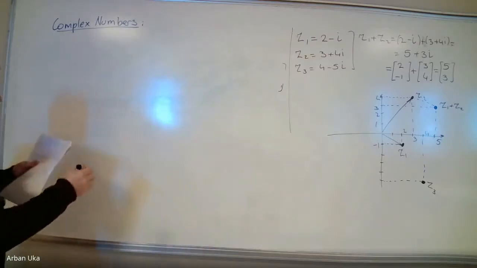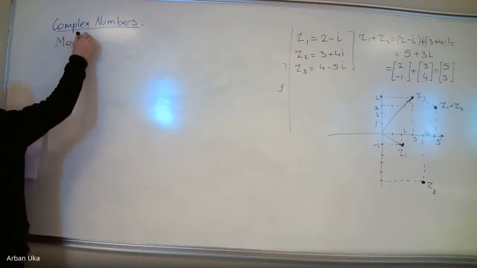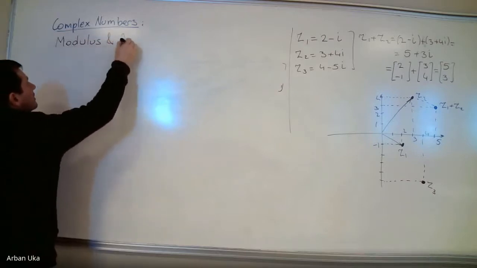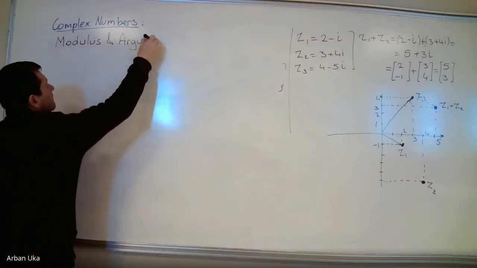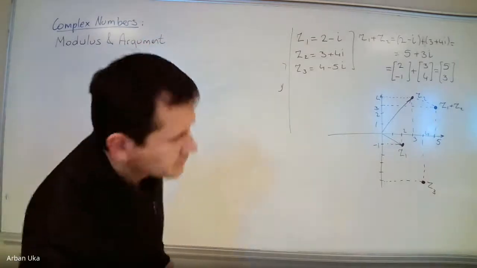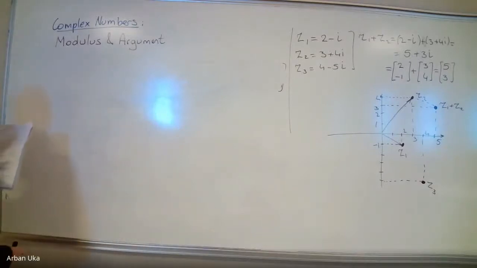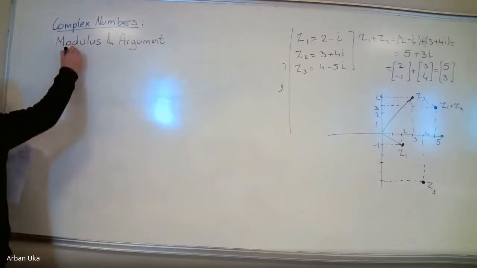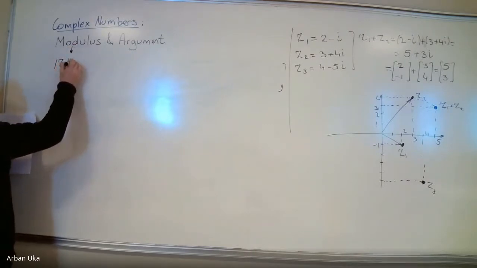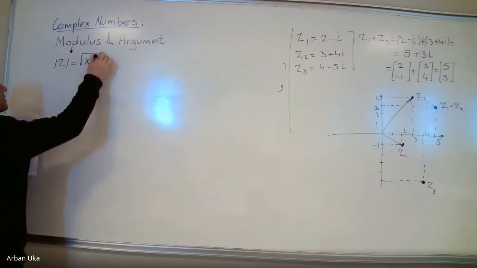Okay, so for complex numbers, we can define modulus and argument. The modulus is defined as, we denote this one like this, and this is equal to the square root of x squared plus y squared.